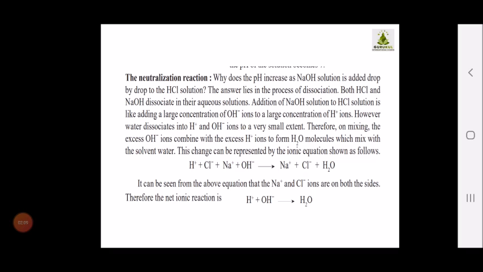This can be represented by the ionic equation: H+ Cl- + Na+ OH- gives Na+ Cl- + H2O. It can be seen in the above reaction that Na+ and Cl- ions are on both sides, and therefore the net reaction is H+ + OH- gives H2O.